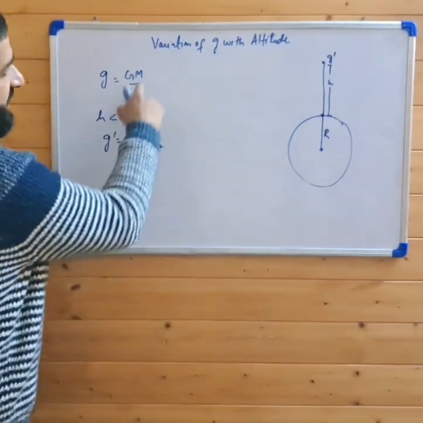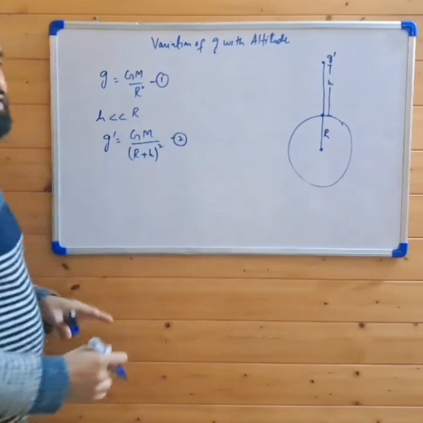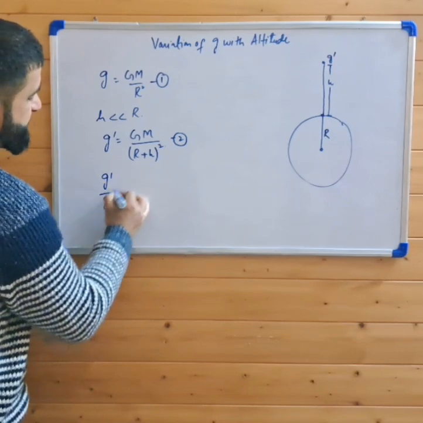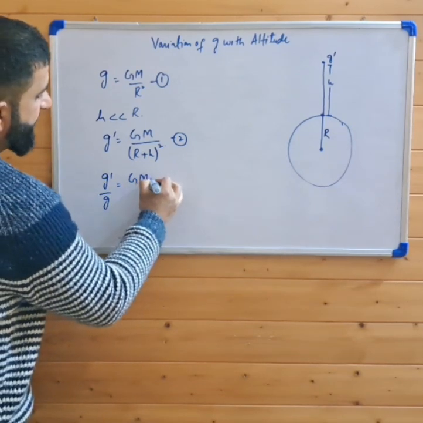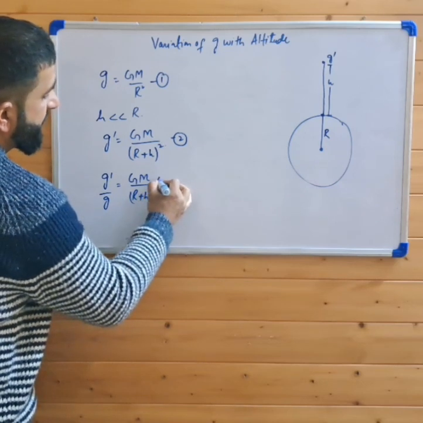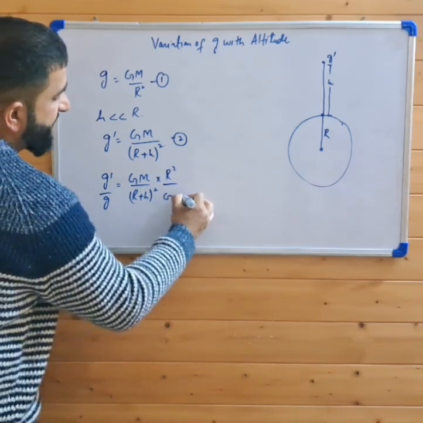Now let this be 1 and let this be 2. Dividing second by first, we have that g dash divided by g is equal to GM by r plus h whole square into r square divided by GM.